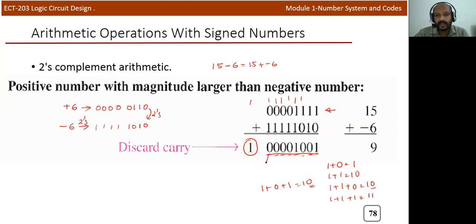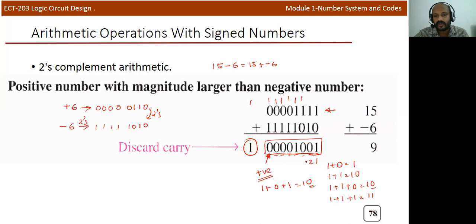And if you verify the MSB of this particular bit, this is 0, so we know that this is a positive number. If you check up to the 8 bit, the MSB bit representing the sign, so it is a positive value, so we can simply discard this particular one. Okay, and the result is in the direct form, so we can find the equivalent value.